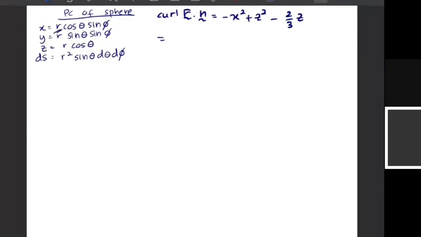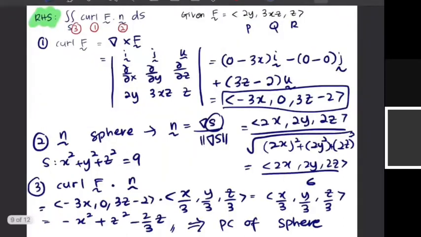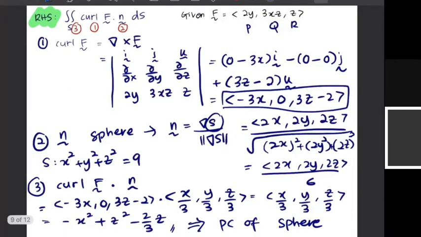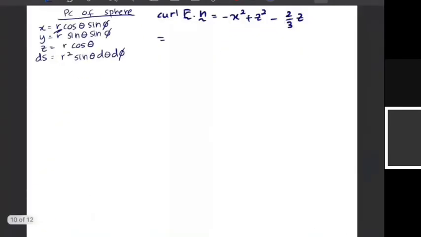Here, we know that we are considering a sphere. Then you must change x, y, z to the polar coordinates of a sphere. Okay, this is the polar coordinate of a sphere.